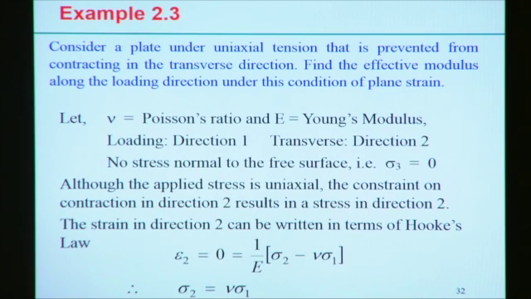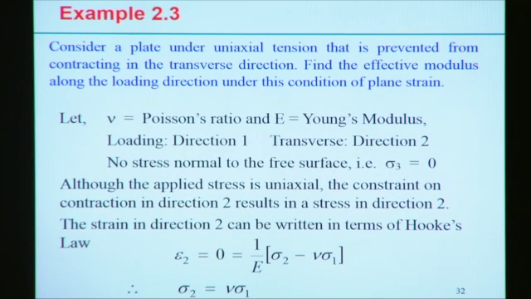But there must be some stress component, that means it will try to create some amount of stress along direction 2. But if we investigate the problem overall, no stress is actually acting normal to the free surface. In the third direction there is no stress acting, that means sigma 3 equals 0.